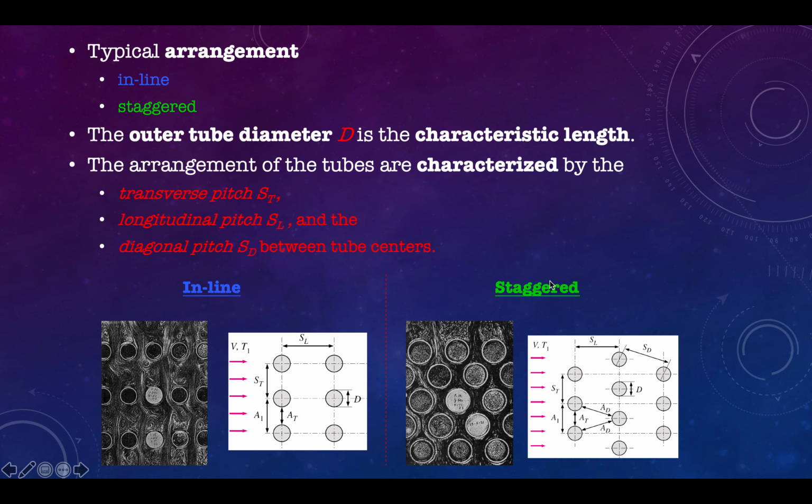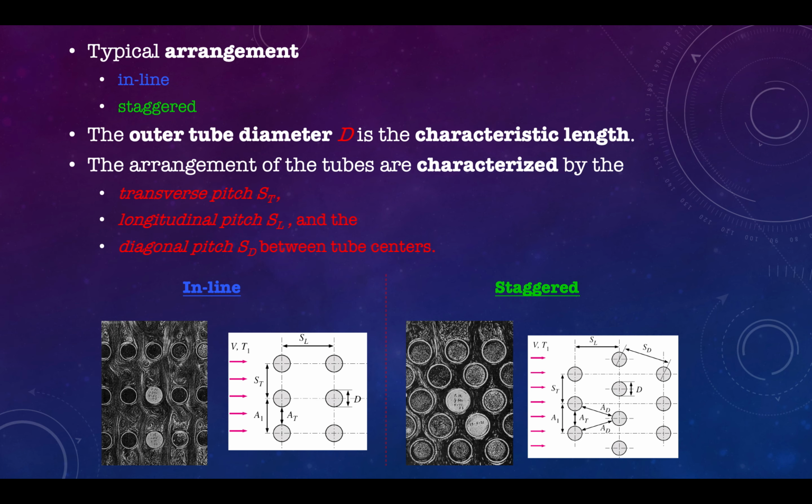The outer diameter D is the characteristic length. The tubes have a thickness, and we use the outside diameter, the outer cylinder diameter, as the characteristic length.